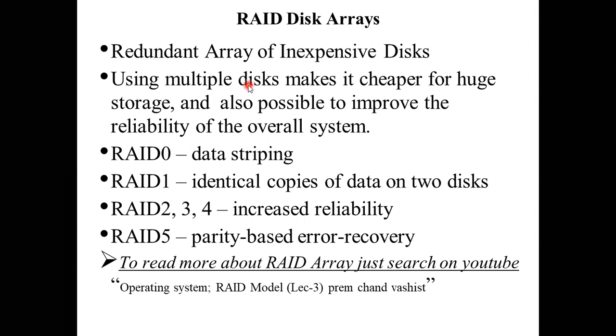In those cases, we require this type of model, redundant array of independent disks, or sometimes we say redundant array of inexpensive disks. So using this, we can have multiple copies of the same data.